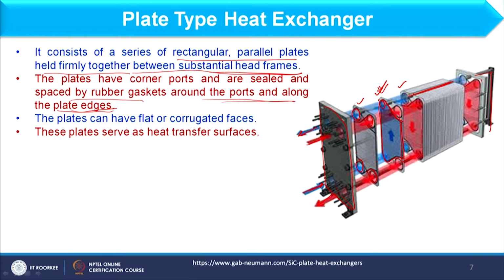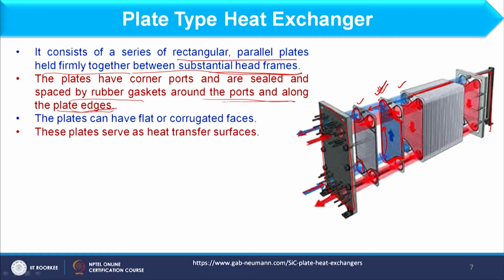Whatever cold fluid is coming, if you see this particular plate, here we have the gasket, and the gasket closes this corner and closes this corner. So the cold fluid will spread over this plate and exit from here, because it cannot enter this corner or this corner.